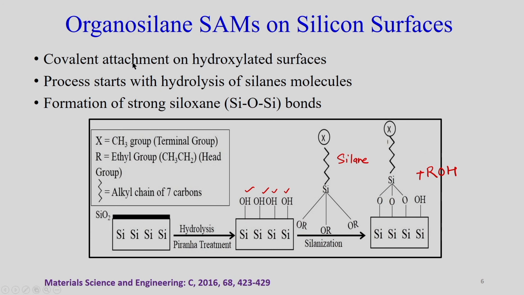So, it is a covalent attachment on a hydroxylated surface, and the formation of a strong siloxane bond Si-O-Si takes place at the surface outer layer, and the X dictates or regulates the surface functionality or surface wettability.